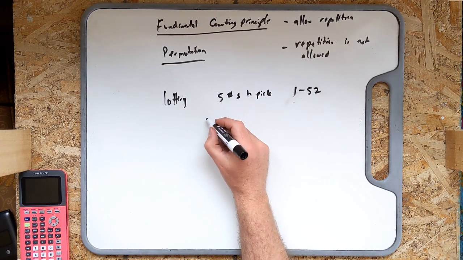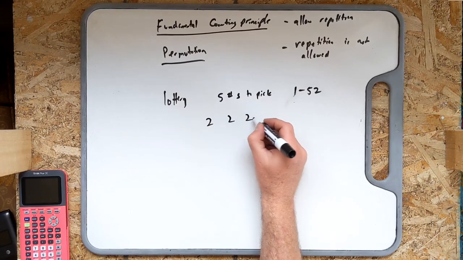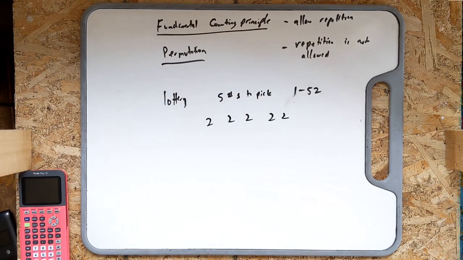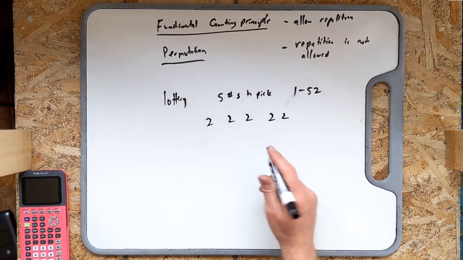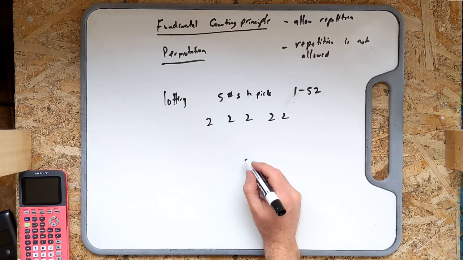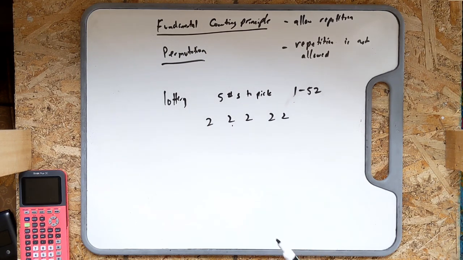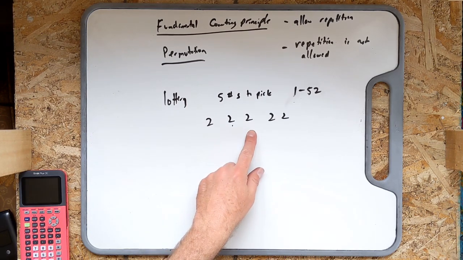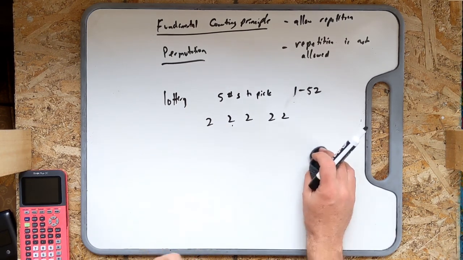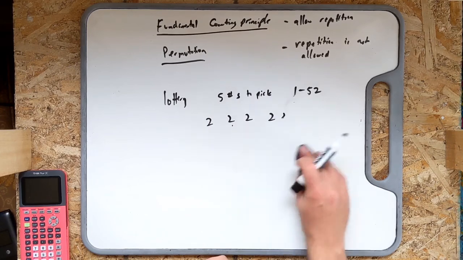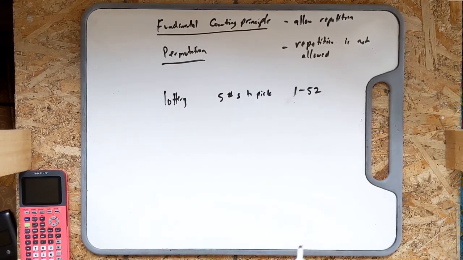If you were allowed to have a lottery number like 2, 2, 2, 2, 2, then the number of possible outcomes would simply be 52 times 52 times 52 times 52 times 52. But you're not. You can't repeat the numbers. They pick them out with a ping pong ball. Once the ball's out, you don't get another one. So that's not an allowable lottery number.